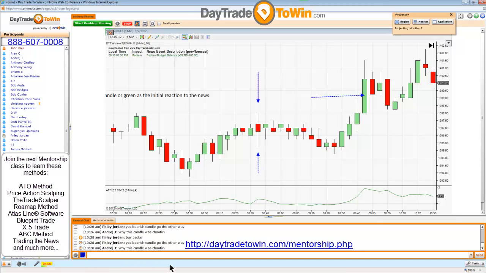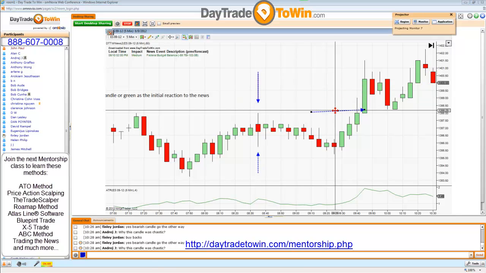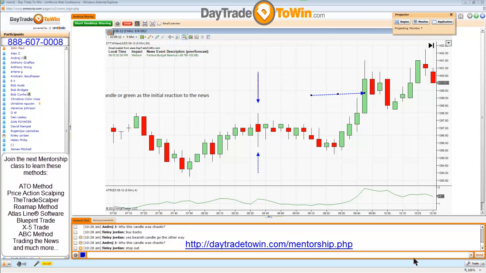What do you guys think? Why would this candle be so much larger than anything before it? Well, I'll tell you. Not necessarily, Bob, big institution buys, right?